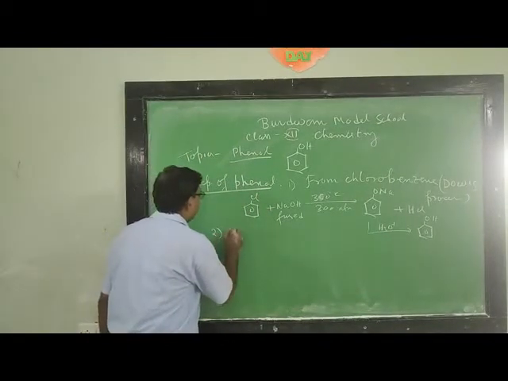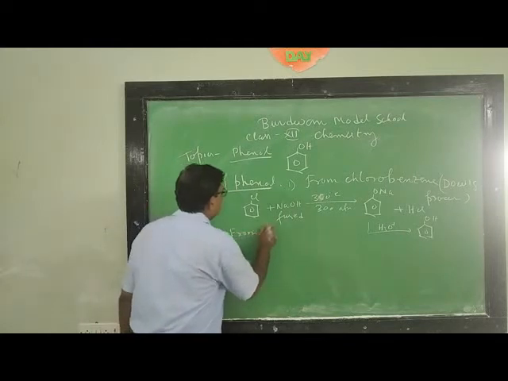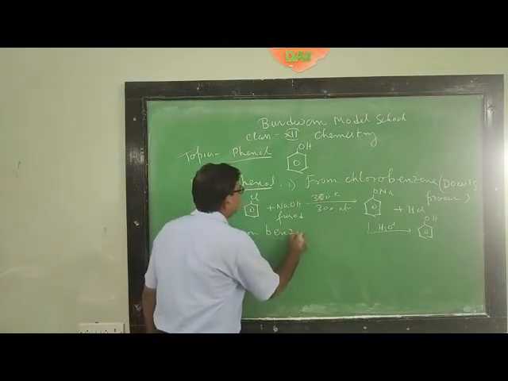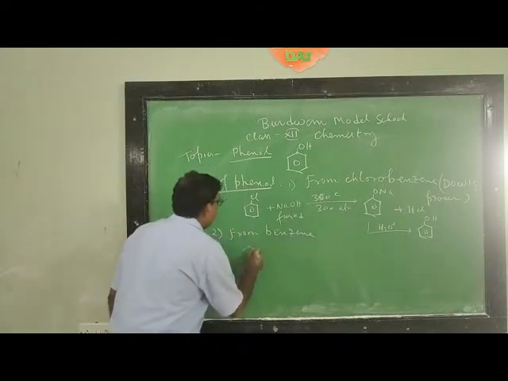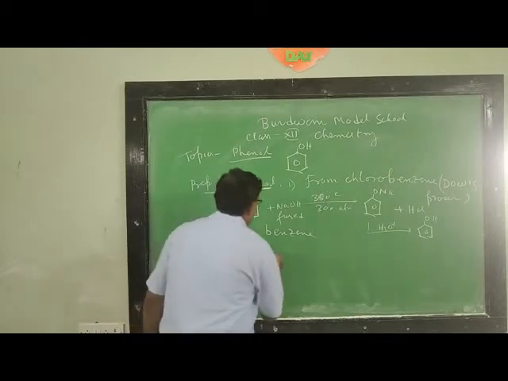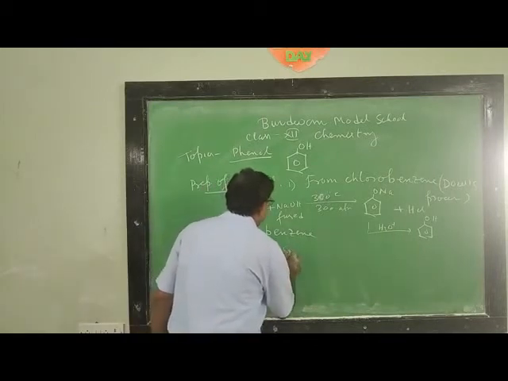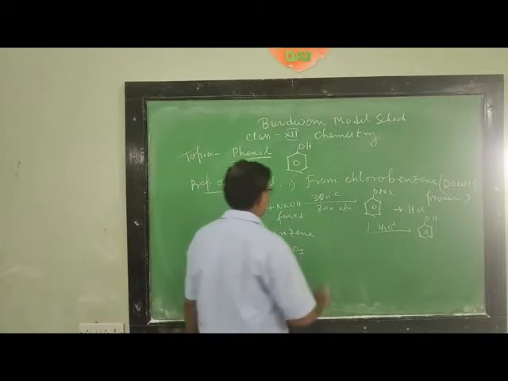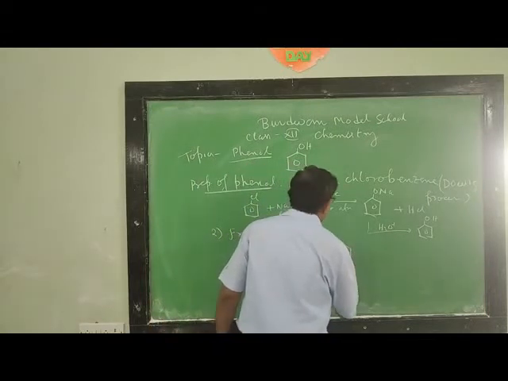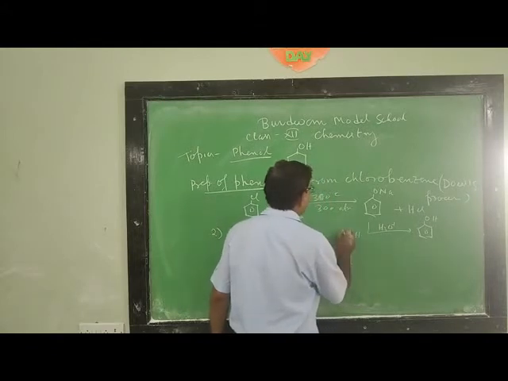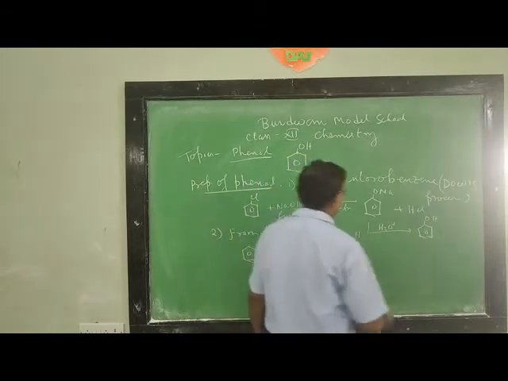Number 2, from benzene. Benzene reacts with oleum. What is the formula of oleum? H2S2O7, to form benzene sulphonic acid, SO3H. This is known as benzene sulphonic acid.